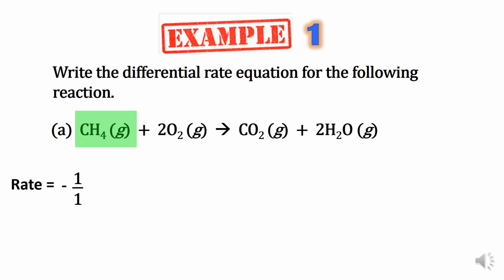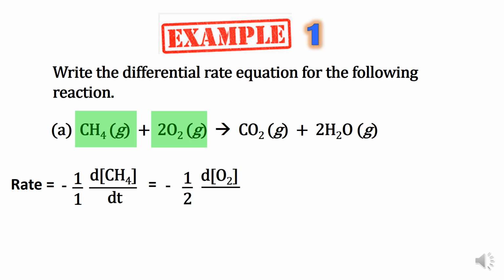So write 1/1. d[CH4]/dt. Next, the second reactant is O2, equal to negative sign, for the reactant. Stoichiometry for O2 is 2. So you need to write 1/2. d[O2]/dt.